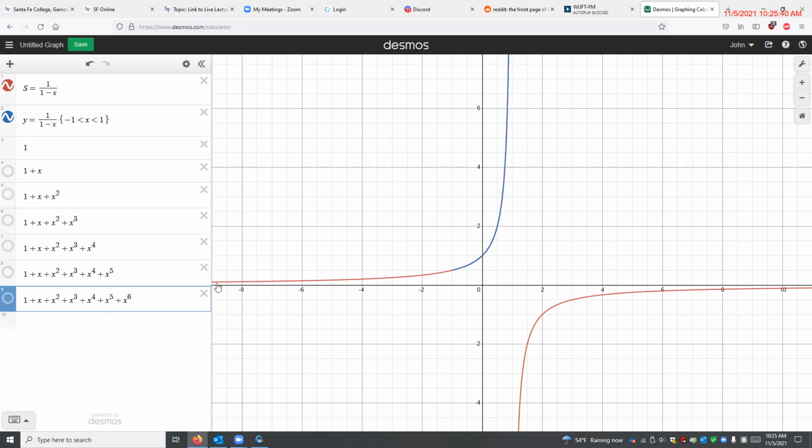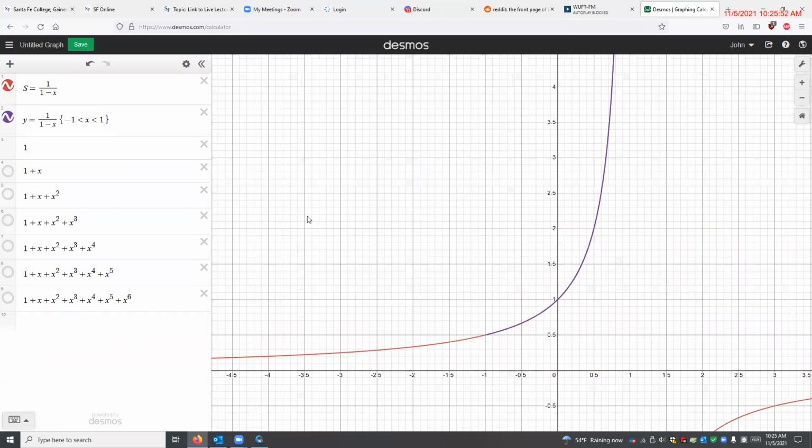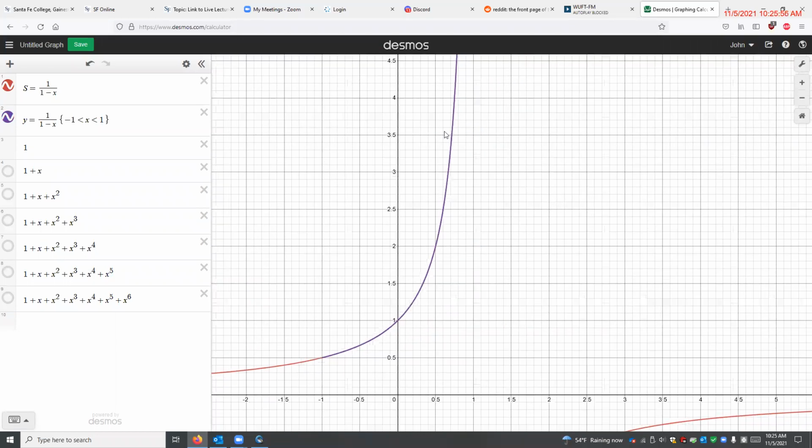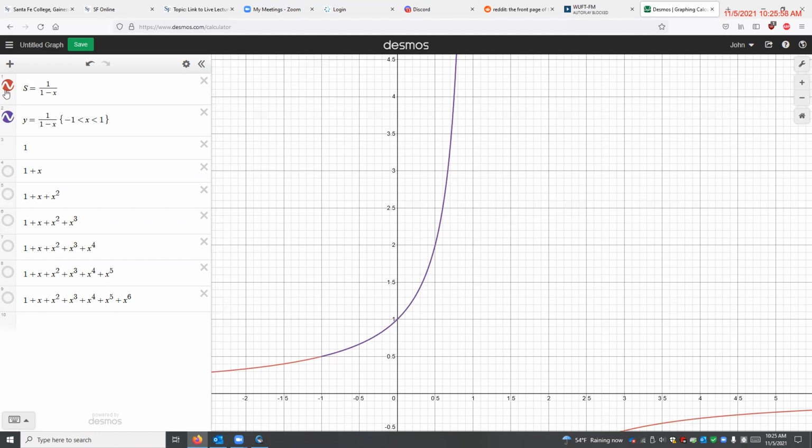Oh, I made this blue, didn't I? So I should do something else. Not orange. Oh, no, orange looks too much like red. How about purple? Okay. So pay attention to the purple. All right, we're not worried about the red. The purple is 1 over 1 minus x, restricted to the interval -1 to 1.